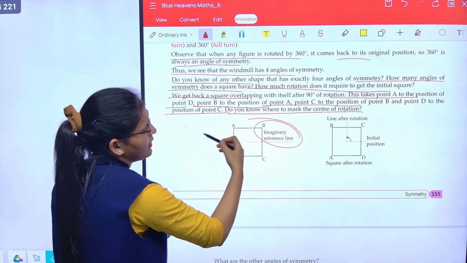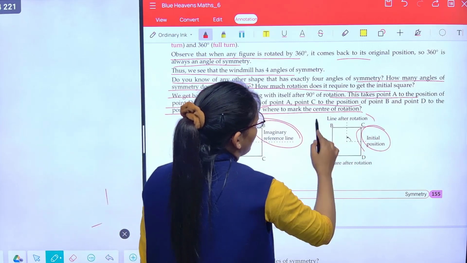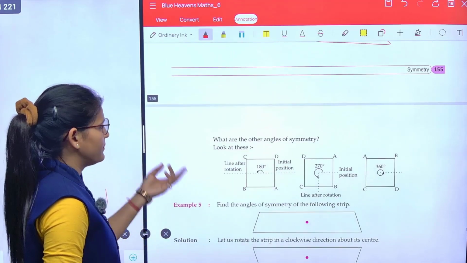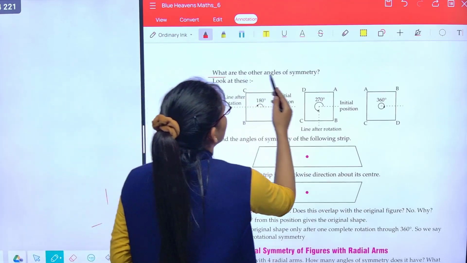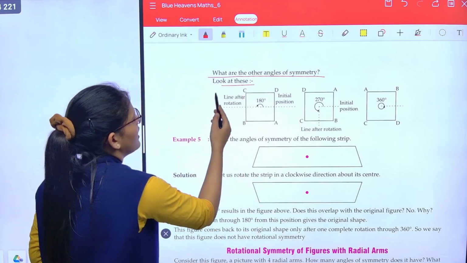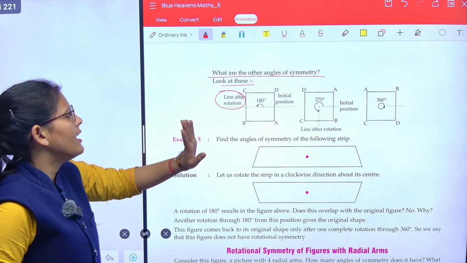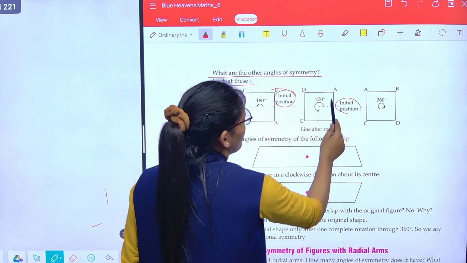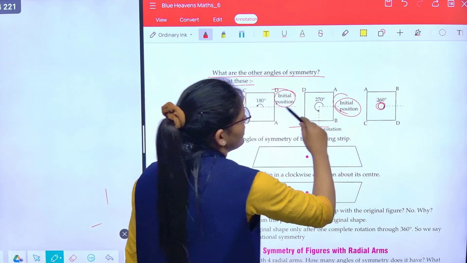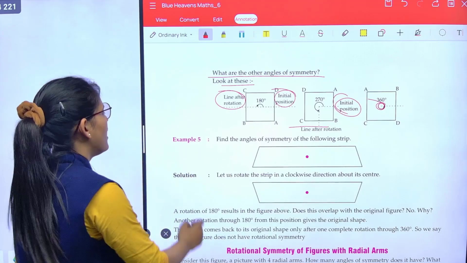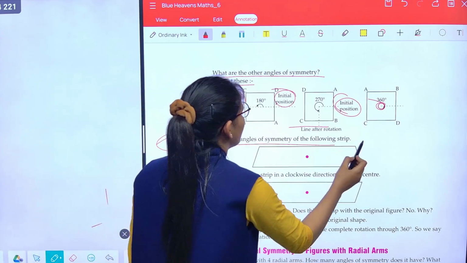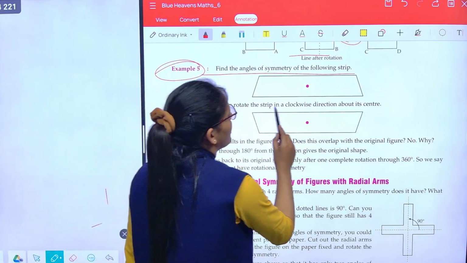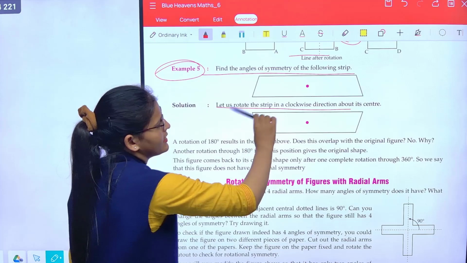Imaginary reflection line, initial position, line after rotation, square after rotation. Now, what are the other angles of symmetry? Look at these. Line after rotation 180 degrees. Initial position, 360 degrees का होगा वो. Now, example number 5. Find the angle of symmetry of the following strips. Let us rotate the strips in a clockwise direction about the center.